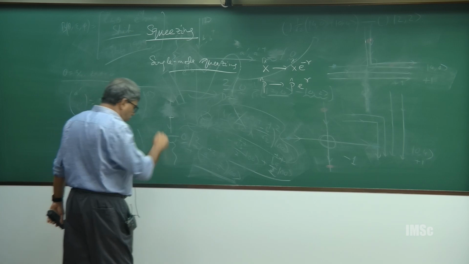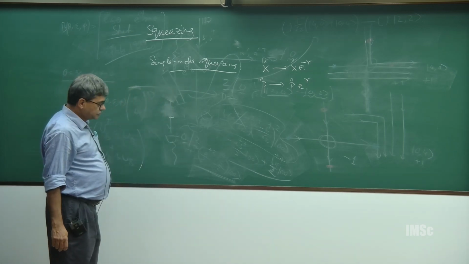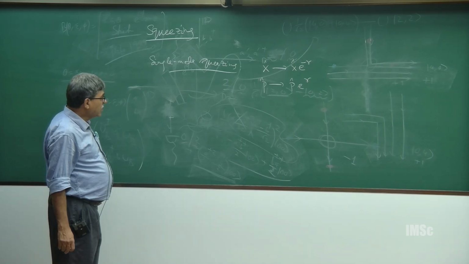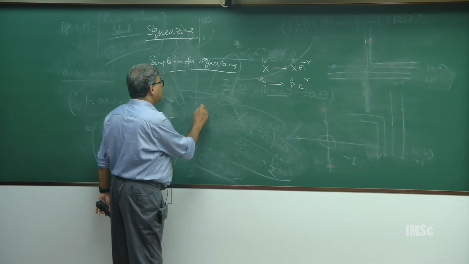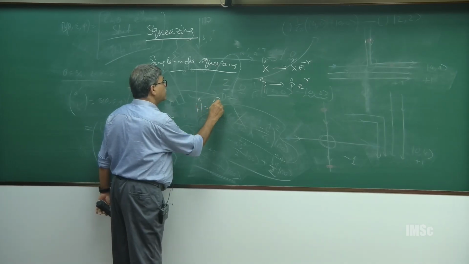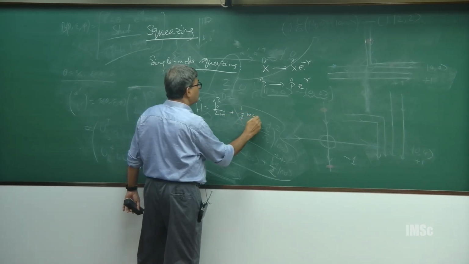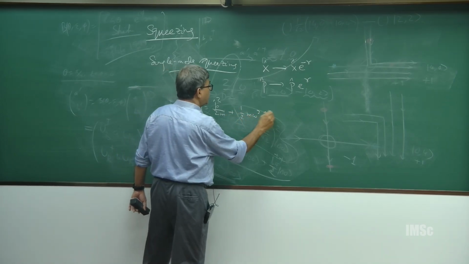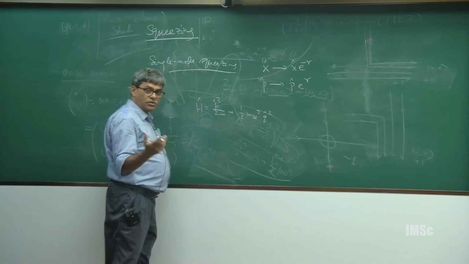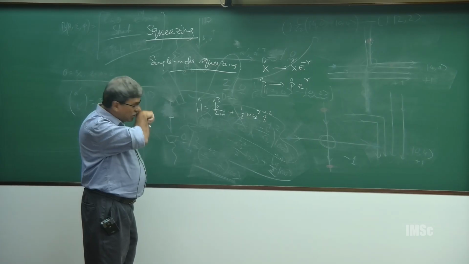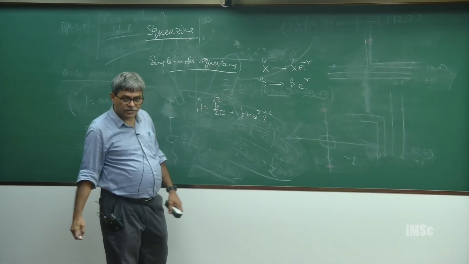I think we discussed that if you take a harmonic oscillator Hamiltonian, p squared by 2m plus half m omega squared q squared, and then change this omega, or the spring constant, you can introduce such squeezing.